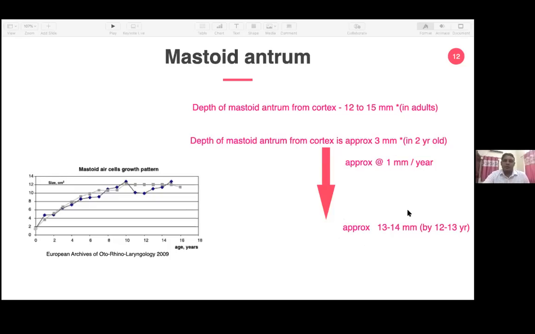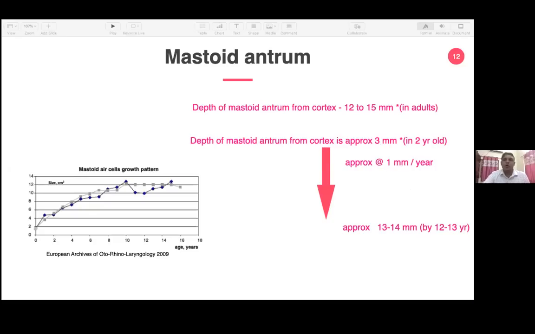And if you calculate the same way, by the age of 12 or 13 years, the mastoid antrum depth would almost be reaching the adult level. And this corresponds to the mastoid antral depth given in adults. So this is the best way to assess the depth of the mastoid antrum from the cortex in a pediatric age group.